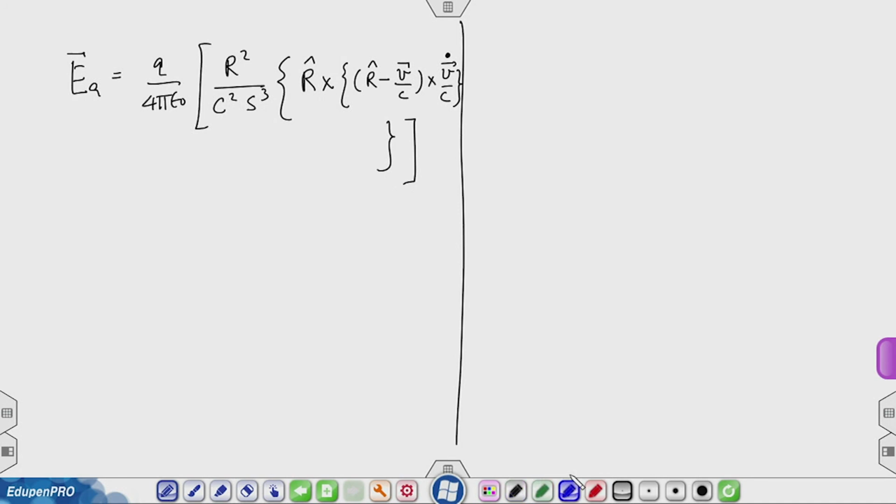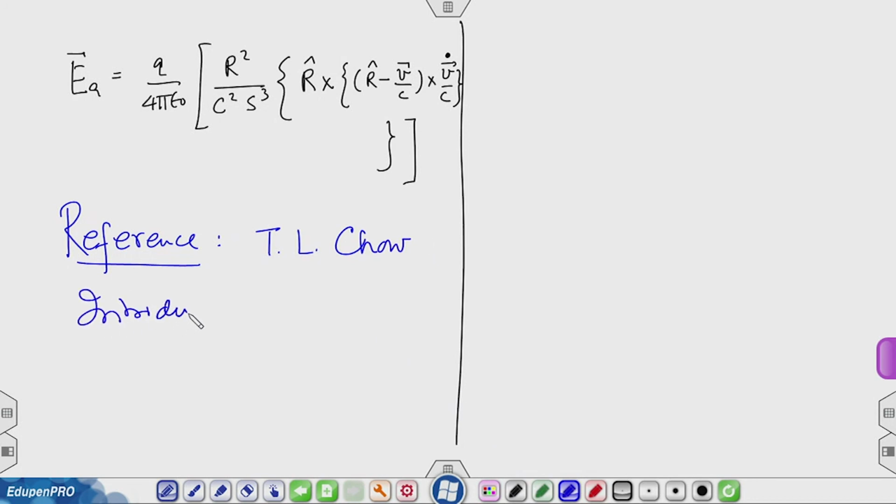For all this, what I have followed is the description given in the book by T. L. Chow, Introduction to Electromagnetic Theory. All the notation, all the derivation, everything is taken from here.